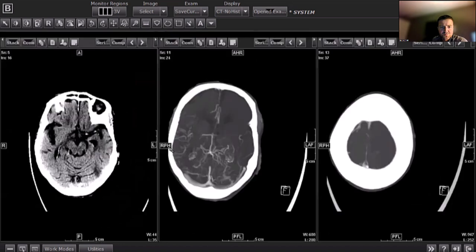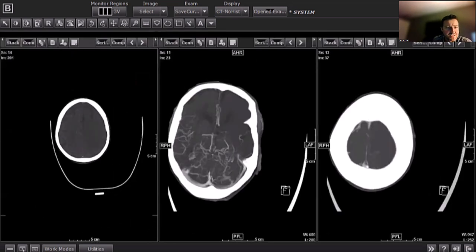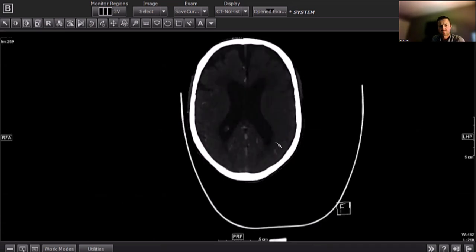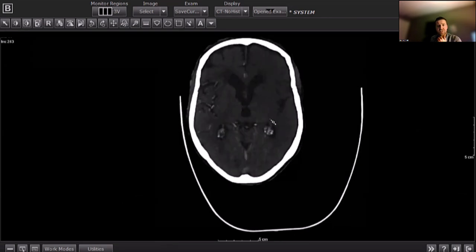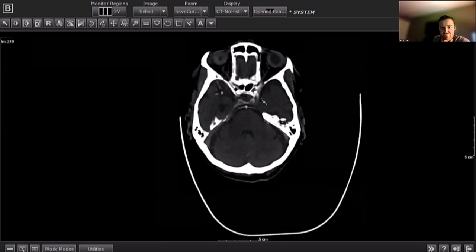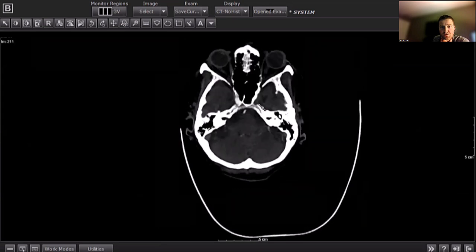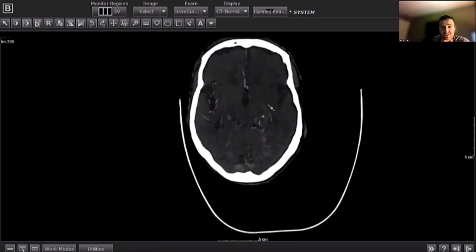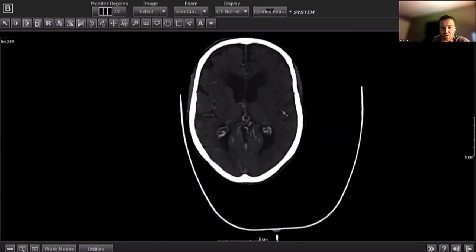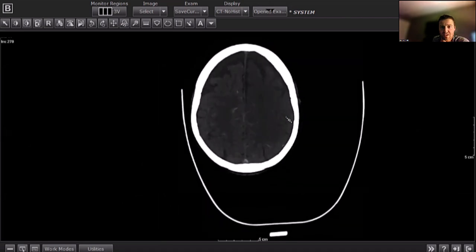close to a 0. On our arterial phase, we contrast the two sides. You can see obviously we have a left ICA occlusion, which is extending into the MCA. Then as we come up, there's a very striking paucity of opacifying vessels in the left MCA and ACA.